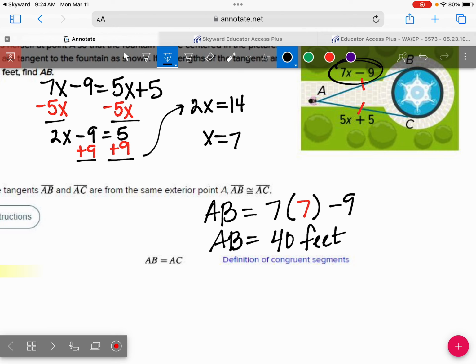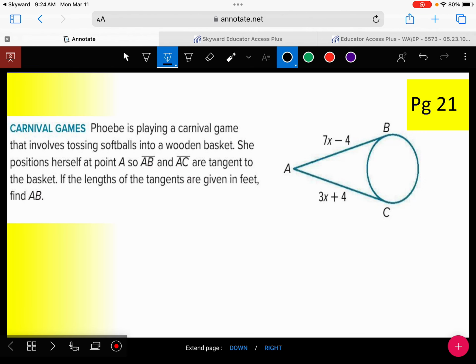All right, we got our last question. Go ahead and read the next. Again, you're going to set them equal to each other. Solve for x. So when you see that, you should know you're setting them equal to each other and you're solving for x. That should be your first step.